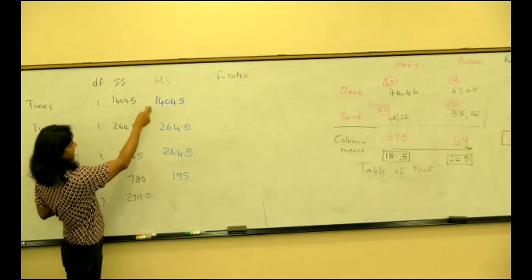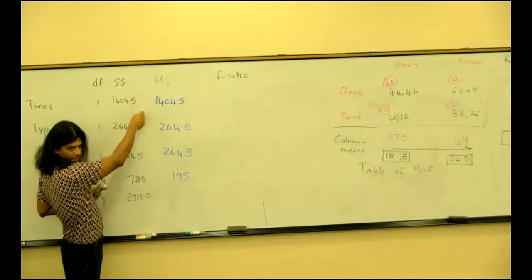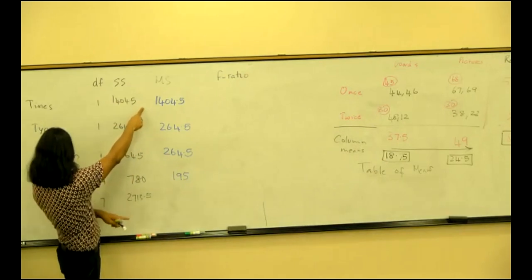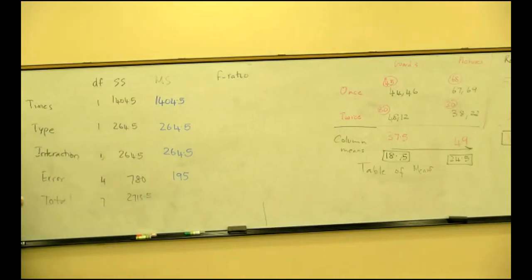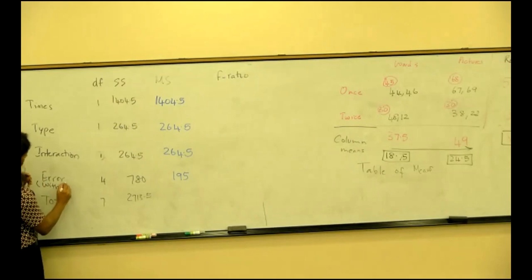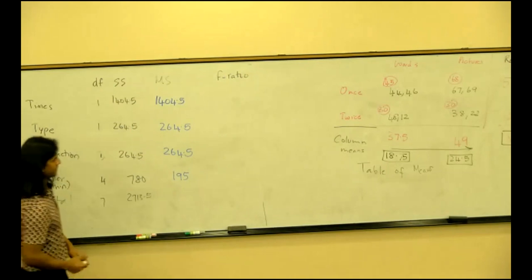We take MS for that case, divide by the within, which is error. Same thing. Error, within, residuals, they all mean the same thing. So 1404.5 divided by 195, what do you get? 7.2.